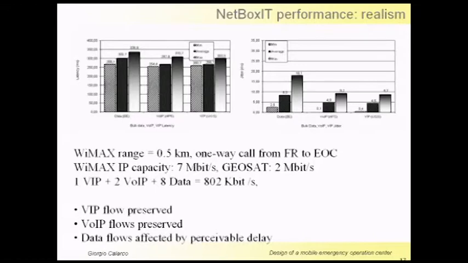And we injected about 800 kilobits per second of traffic. And as you can see, the video flow is perfectly conserved, the audio flow is working well, and just the bulk data is affected by a perceivable delay.